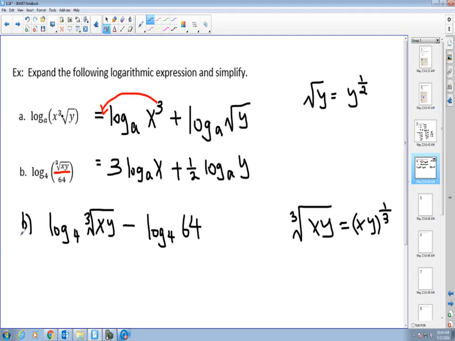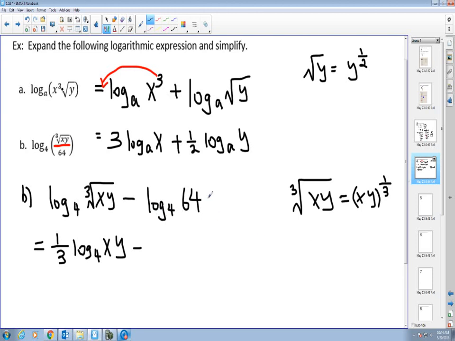And this 1/3 has to go to the front of my logarithm, so that will give me 1/3 log with the base 4 of xy minus, alright, let's simplify this log base 4 of 64. Another quick way to do this is by saying 64 is 4 to the 3rd power.